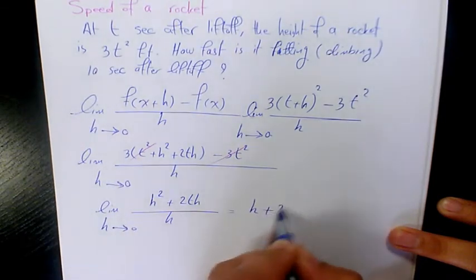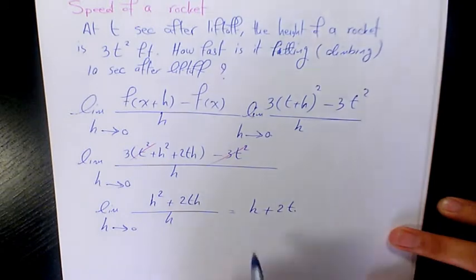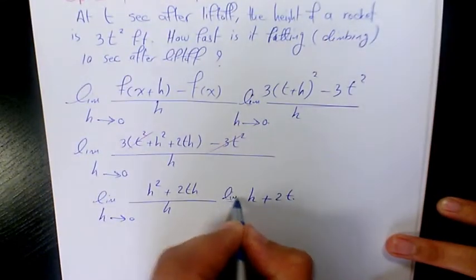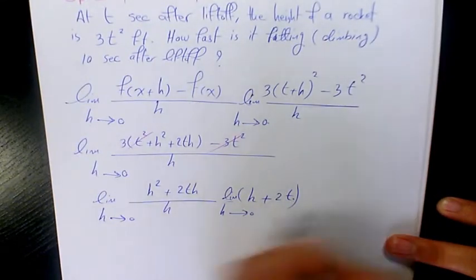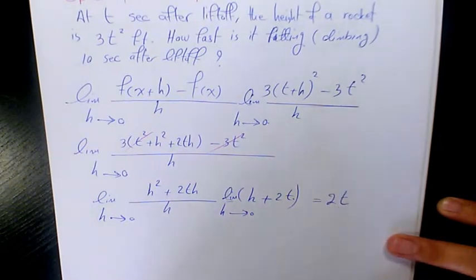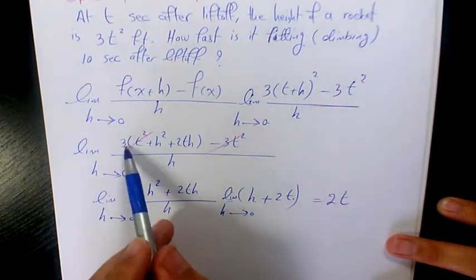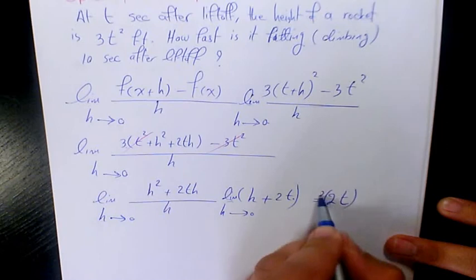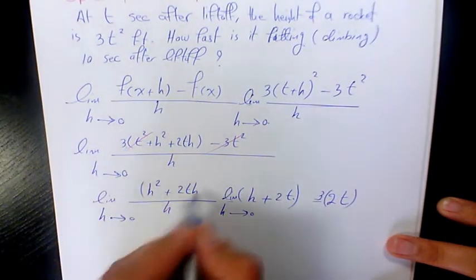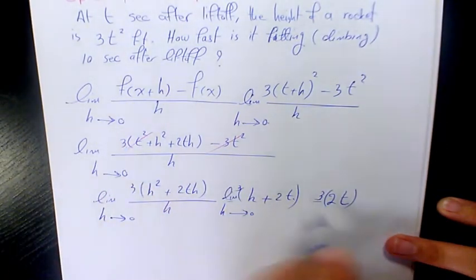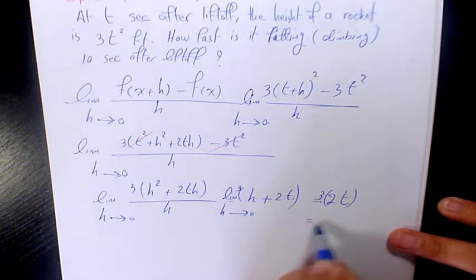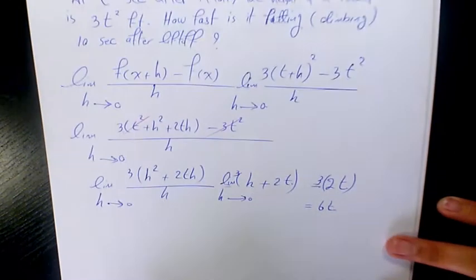It's going to be h plus 2t. When h approaches 0, it's going to be just 2t times 3. Don't forget that. I forgot to put the 3 for all of them. So it's going to be 3 times 2t, which is 6t.